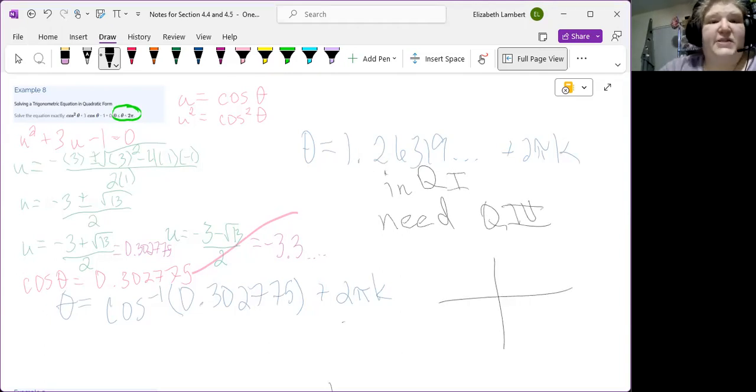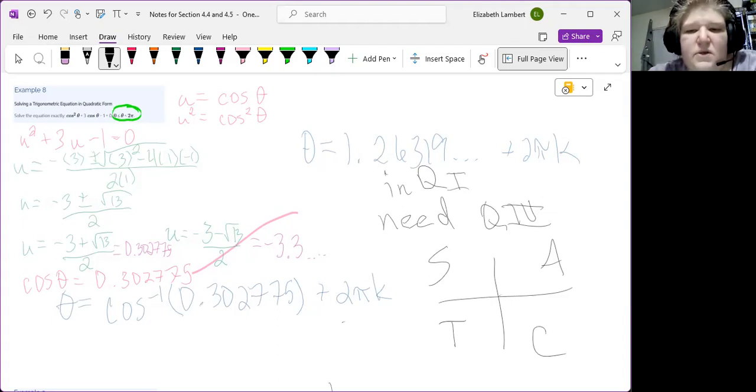Now I know in the book there's a handy dandy sheet that tells you how to convert, like if you know the reference angle in quadrant 1, how to get the equivalent angle in the other 3 quadrants. I never remember those things. So this is our 1.26 radians.